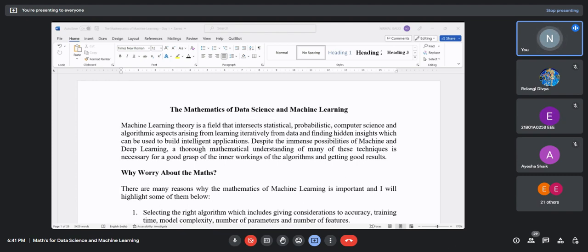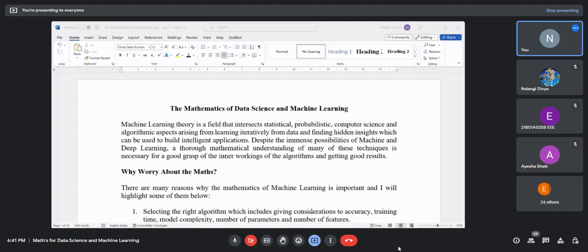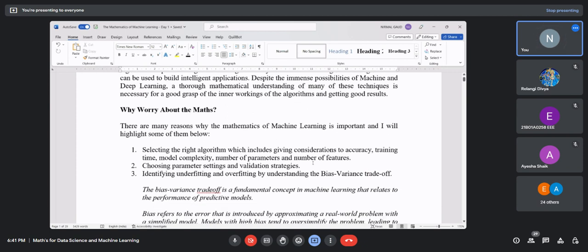So why are we worried about the maths so much, and what is the level of maths required in data science and machine learning? How is it going to help us in deriving the algorithms and performing the predictions, whatever we require from the machine?